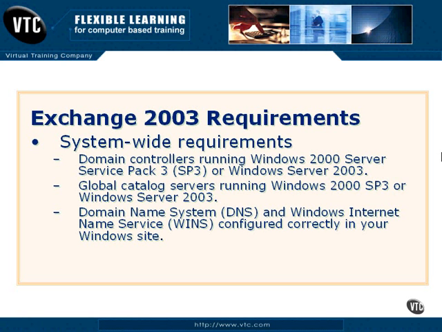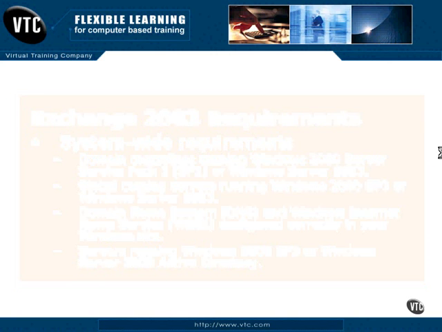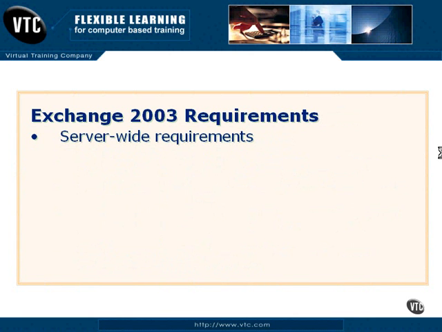You need the Domain Name System, DNS, and Windows Internet Name Service, WINS, configured correctly in your Windows site. Setup is going to do some of this for you and check that. Also, servers need to be running Windows 2000 Service Pack 3 or Windows 2003 Active Directory. Keep in mind, Active Directory has been enhanced here, and you have to make sure you have those.